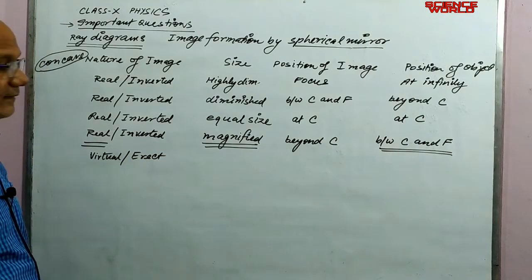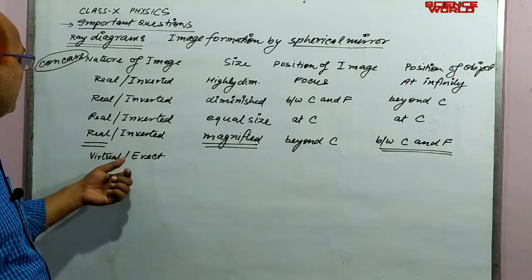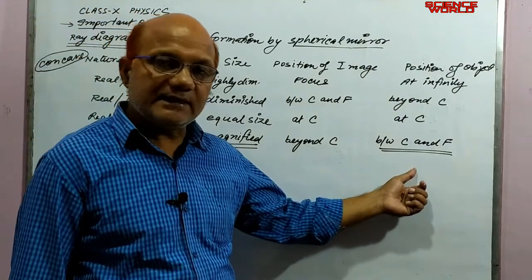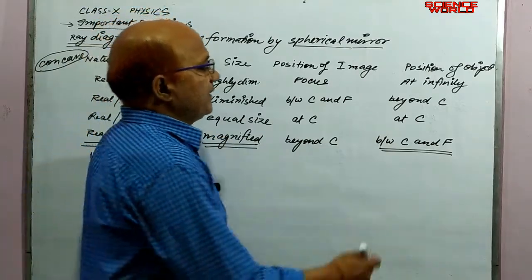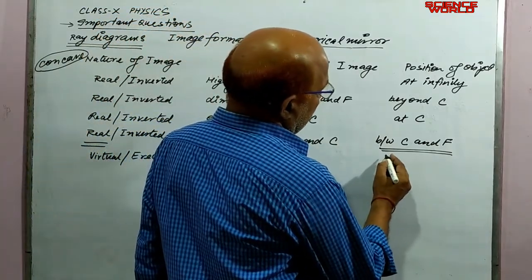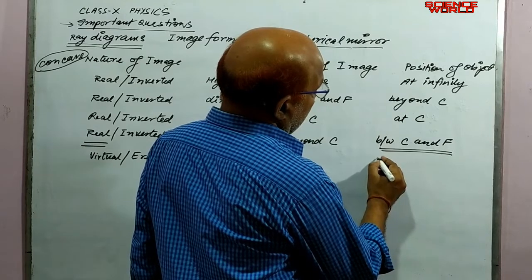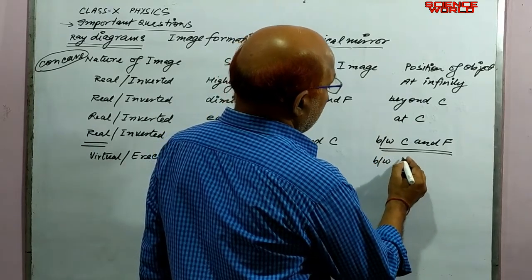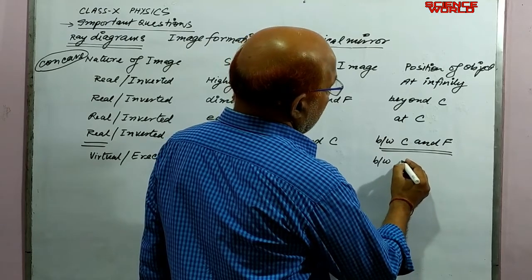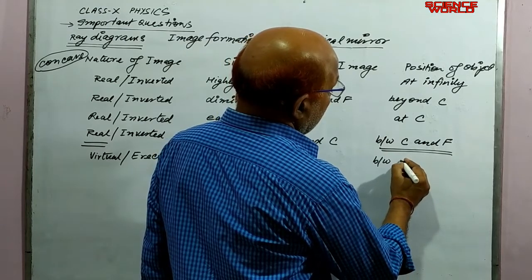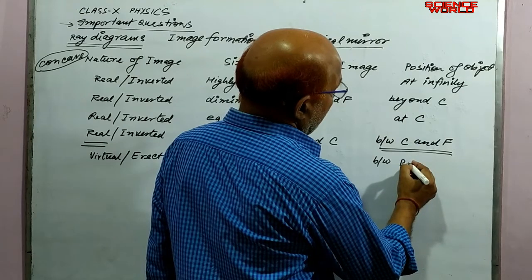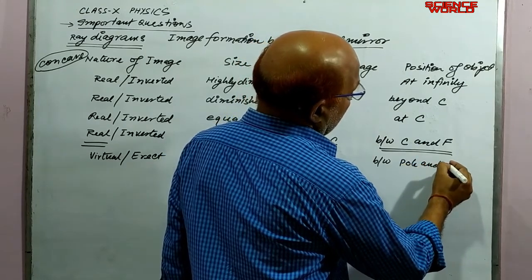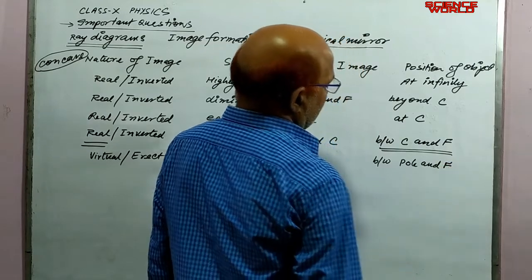Virtual and erect. So, to get a virtual and erect image, where do you place the object? The object is between pole and focus.